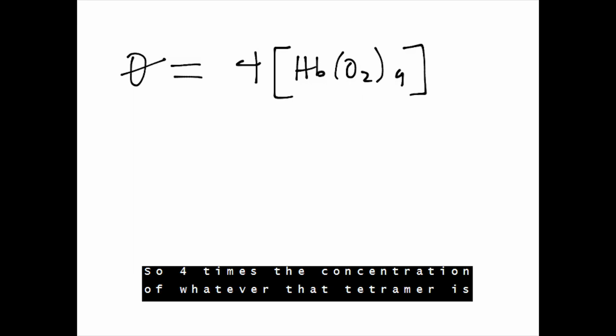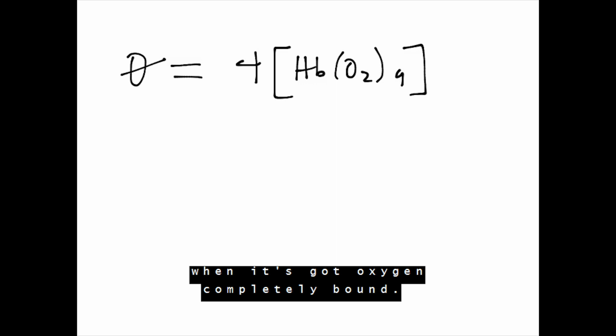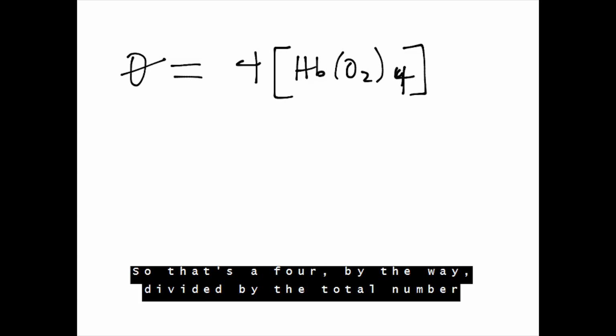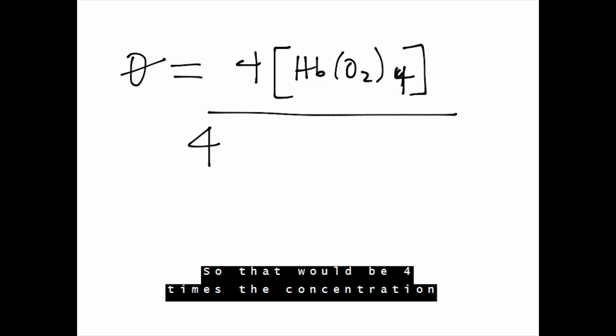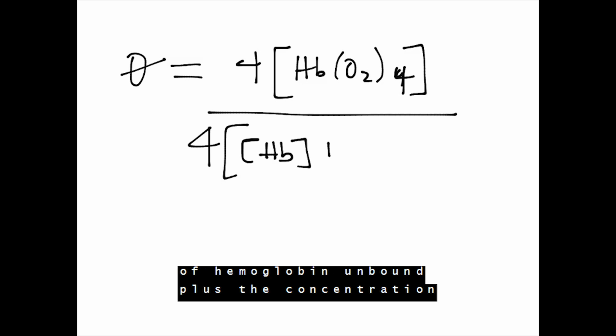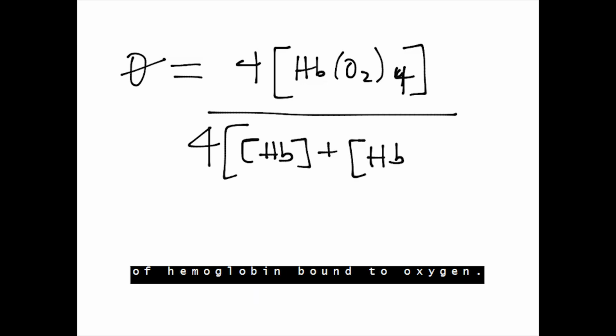So 4 times the concentration of whatever that tetramer is when it's got oxygen completely bound, so that's a 4, by the way, divided by the total number of binding sites available. So that would be 4 times the concentration of hemoglobin unbound plus the concentration of hemoglobin bound to oxygen.